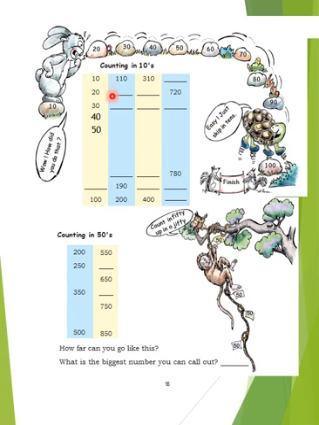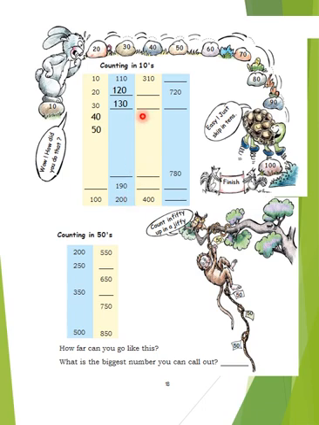It becomes 120. When we add 10 to 120, it becomes 130. And when we add 10 to 130, it becomes 140. Like this, you have to fill this column up to 200.